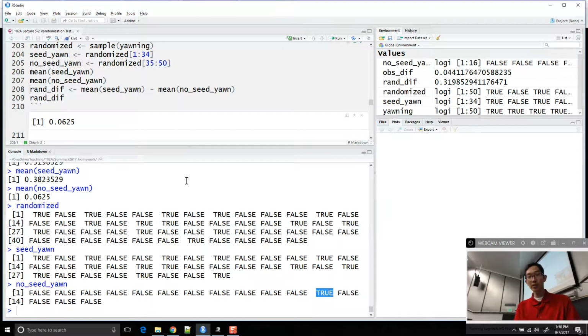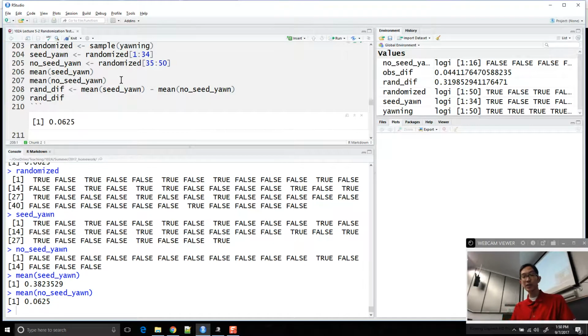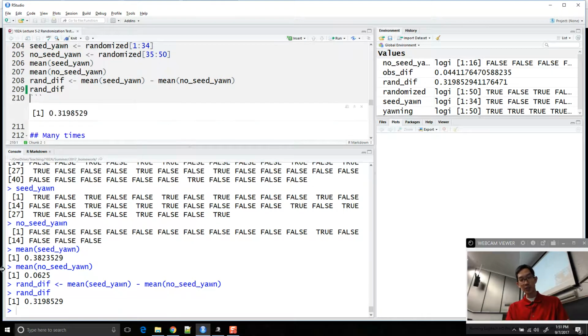Okay, and so in that case, the proportion that yawned in the seed group was 38%, and the proportion that yawned in the no seed group is only 6%. So in this case, we're getting a difference of 32%. We got a difference of 32% just from randomization, right?